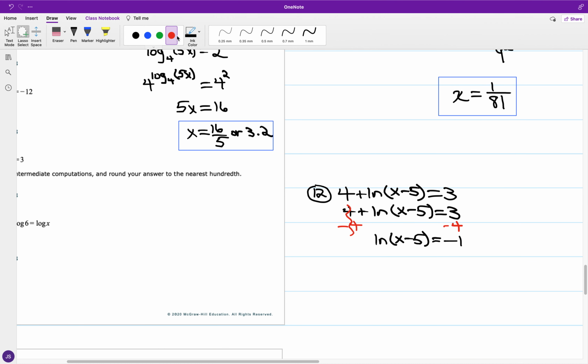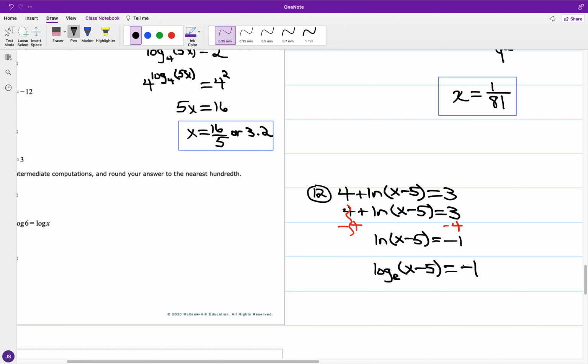Okay, so for natural logarithms, we have a base e logarithm. The quantity of x minus 5 is equal to -1.